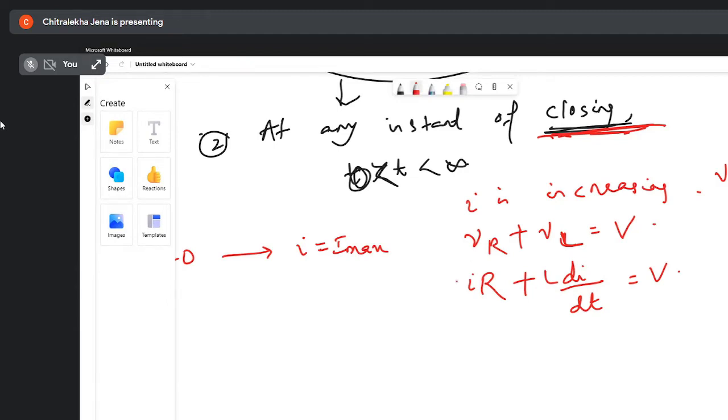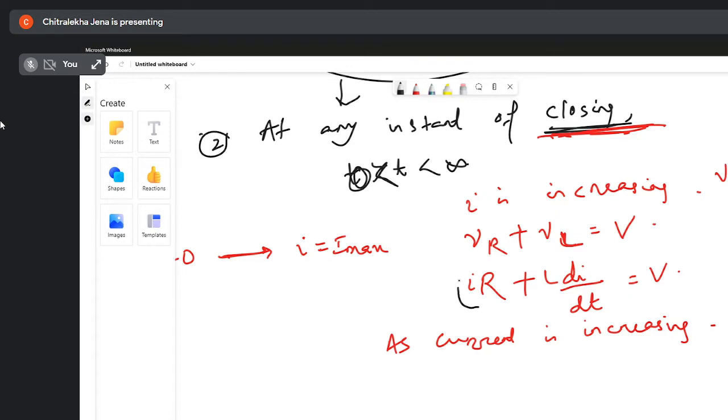That means as current is increasing, listen, because my current is increasing from I equal to 0 to I equal to maximum, understand all of you very carefully. As current is increasing, obviously what happens to this one?